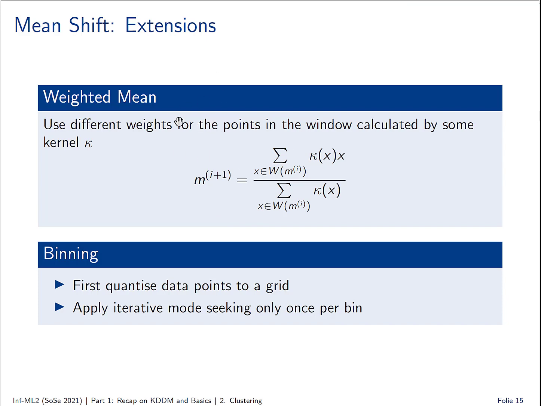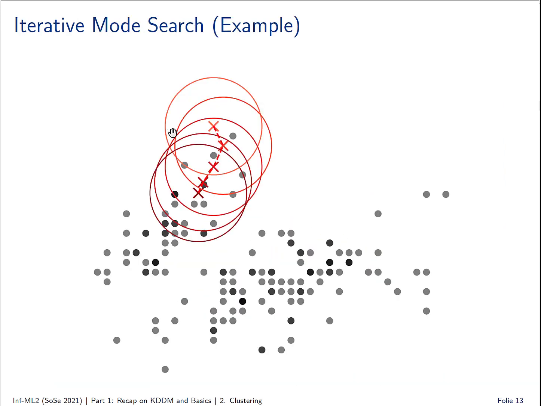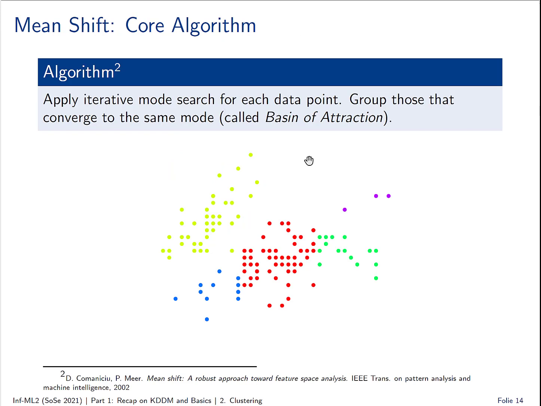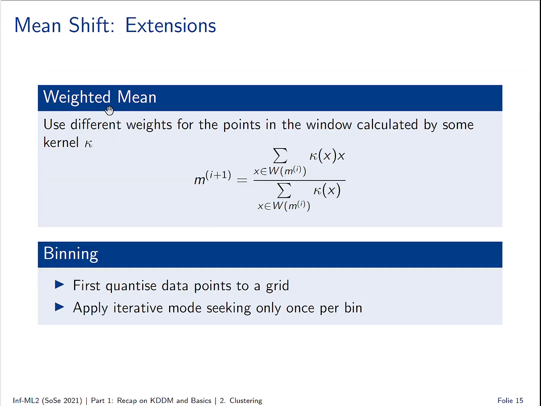Then another extension which is quite common. When we compute the means here, we could do a lot of mathy things in order to reduce the bias of noise points and also accommodate different assumptions about the data. In that case, we can use a weighted mean, with different weights for the points in the windows, for example by using some kernel function.